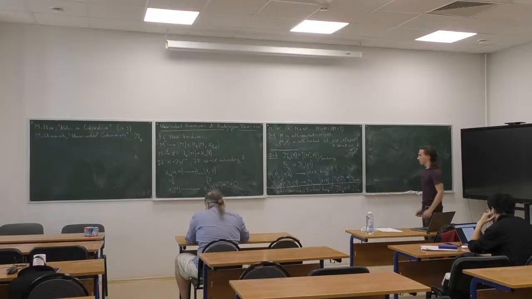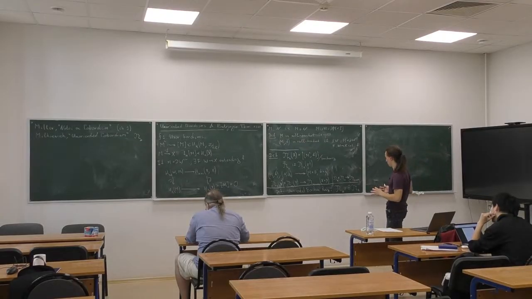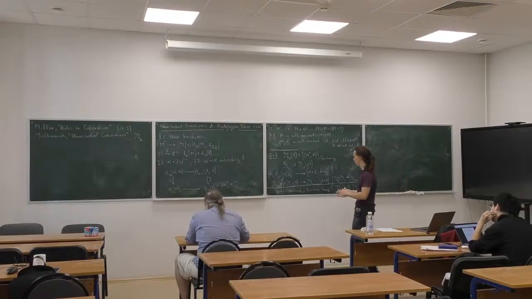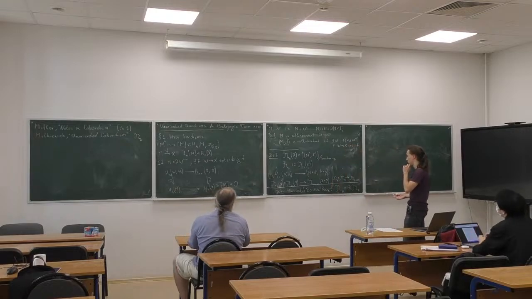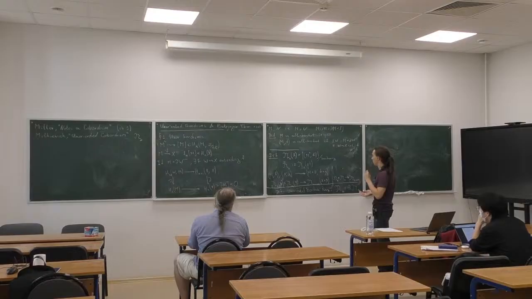Okay, so this is the point where we stop and ask ourselves, what do we want to do in this talk? What are the objectives that we're going to try to achieve? There are two of them.